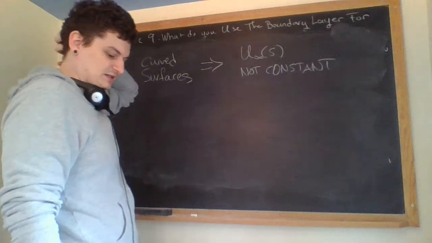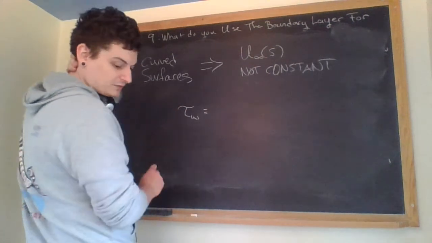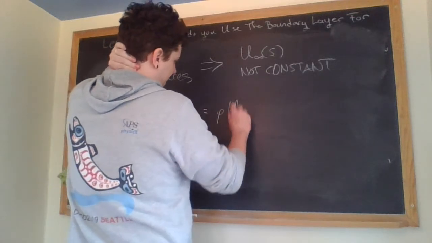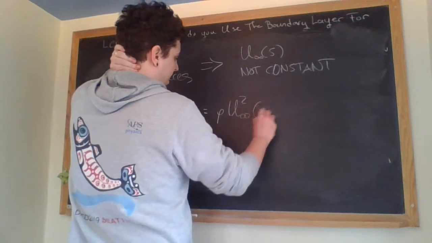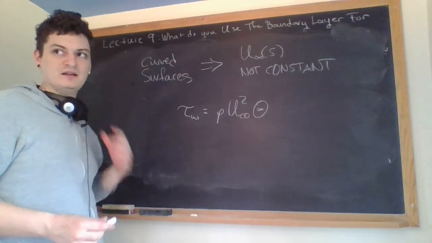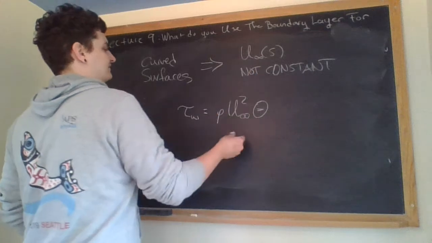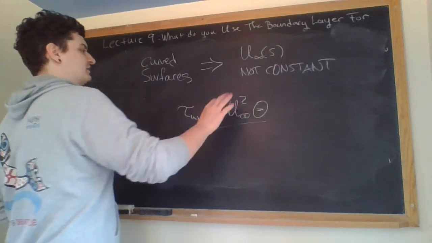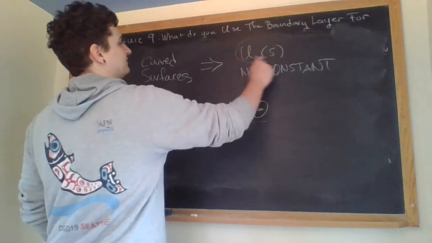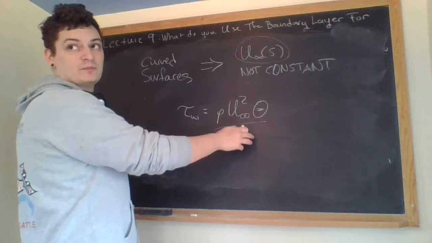If you remember, we had this expression here before. Remember, this is the momentum thickness from the boundary layer. This is important because before, when it was a constant value, you got this. So from that idea, you should understand the free stream velocity can tell you something about the shear at the wall if you know the boundary layer.